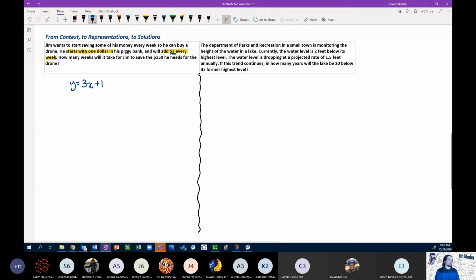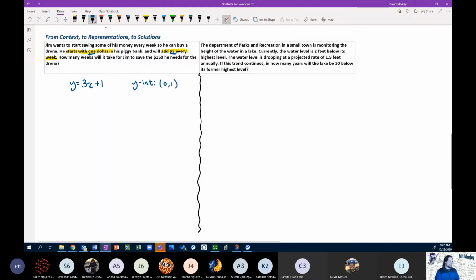We get our slope here, start value here. We could say the y-intercept here is going to be at (0, 1), if we wanted to give the coordinates. So that's what our rule looks like in this case.